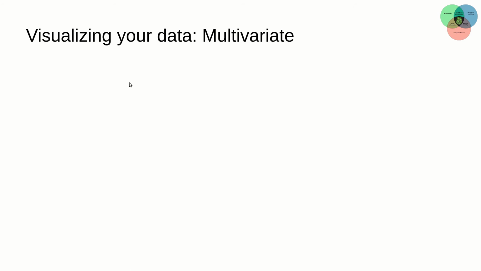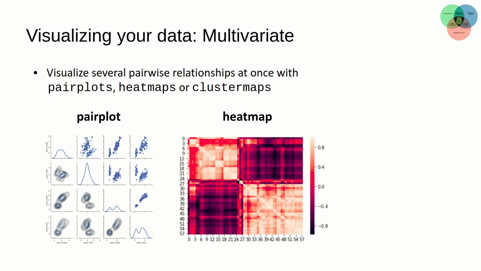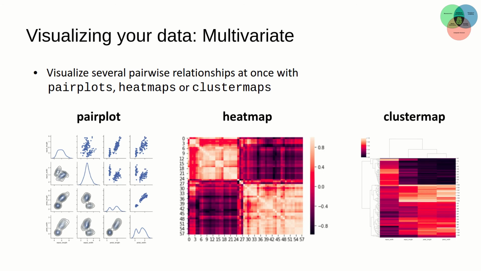So when it comes to visualizing your multivariate data, you might want to visualize several pairwise relationships in your variables. There are quite a few ways to do this, and one of them, for example, is a pair plot, as you can see here. Another one is a heat map, as you can see here.